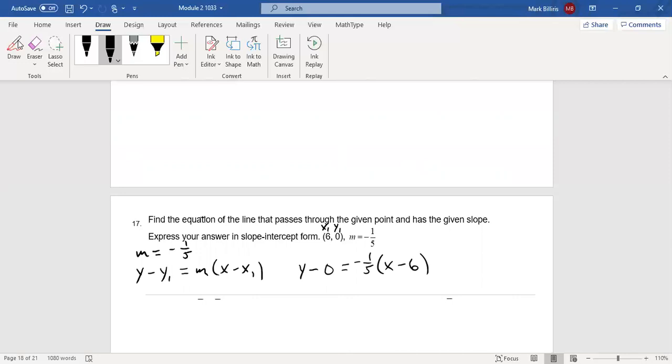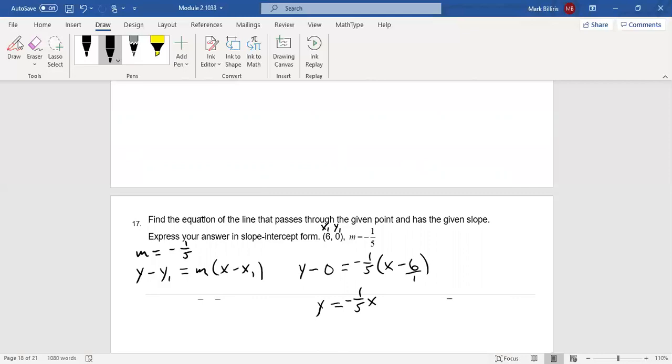So on the left-hand side, y minus 0 is simply y. Now on the right-hand side, we're going to distribute. So -1/5 times x is merely -1/5 x. Now when I'm multiplying a fraction times a whole number, or an integer in this case, I'm going to put this over 1.